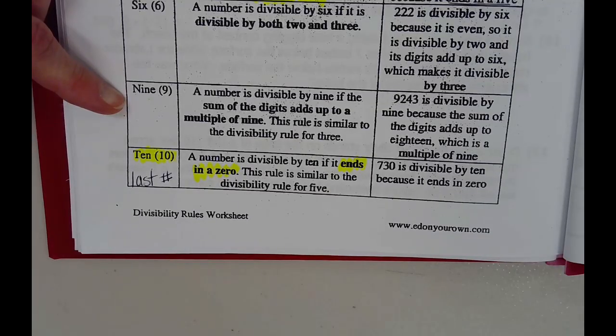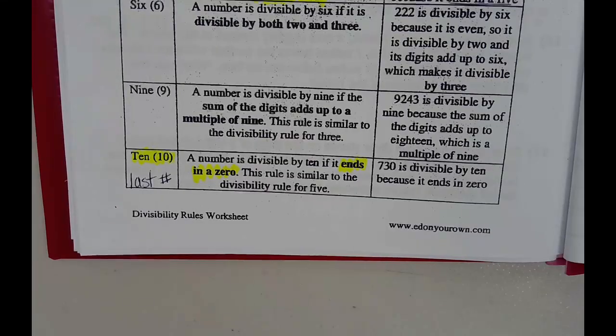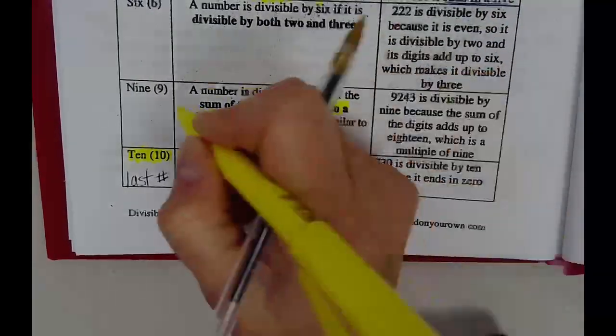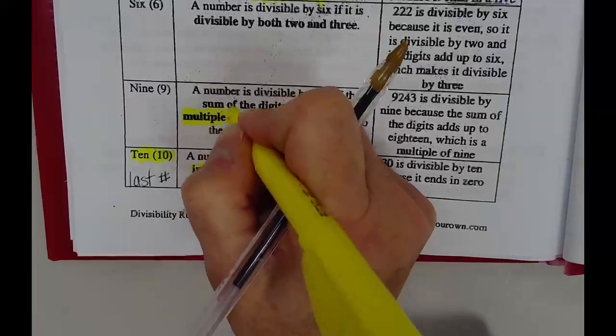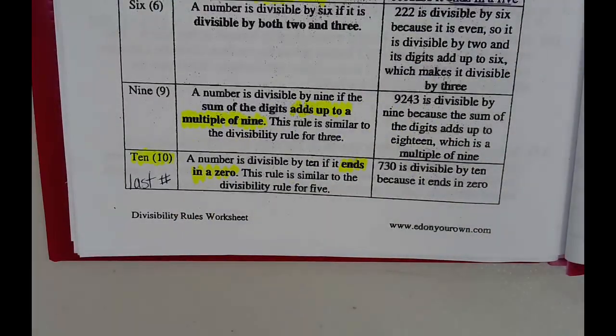How do I know if a number is divisible by 9? Read it. What am I looking for? Am I looking or having to do something? What do I have to do? Add the digits up, but this time it has to be a multiple of what? Of 9.